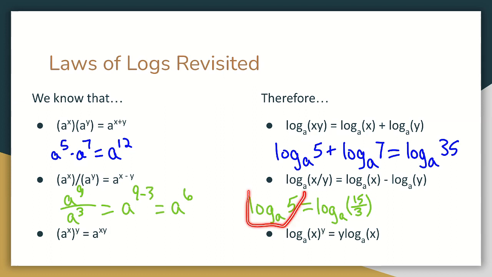I added this step in here, and I can go from this step to there because 5 is equal to 15 divided by 3. And then that's log base a of 15 minus log base a of 3. Questions on that one?